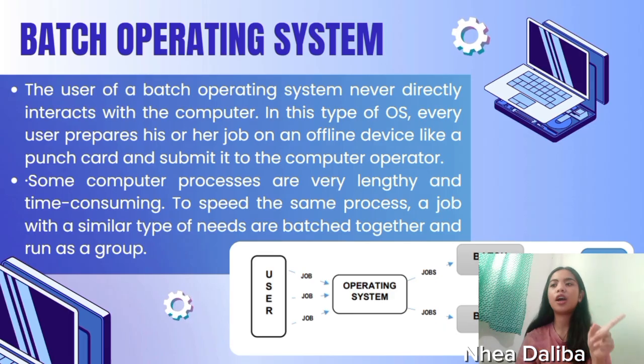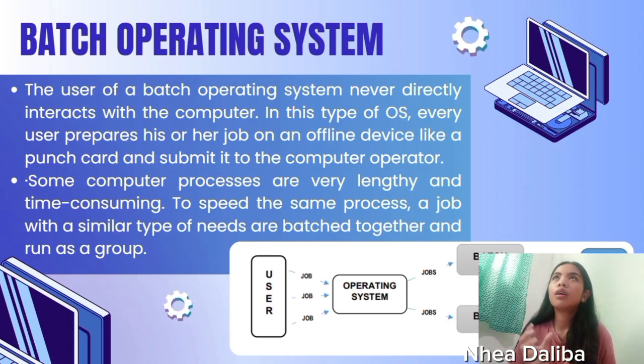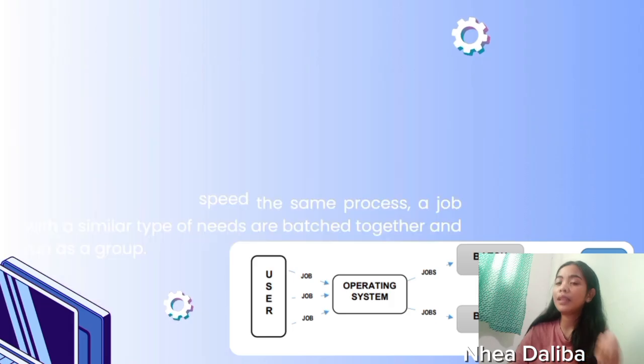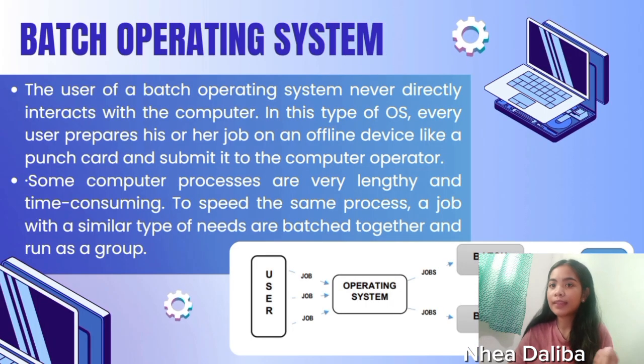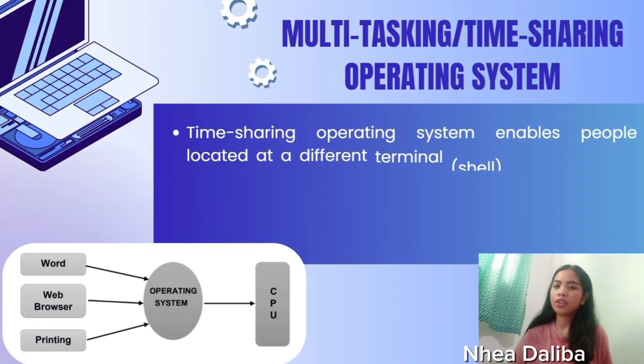For example, in the PPT, the user sends the jobs to the operating system and then it is batched to make the processing of transactions or any tasks faster. So the goal of the batch operating system is to speed up the processing of different tasks and transactions.